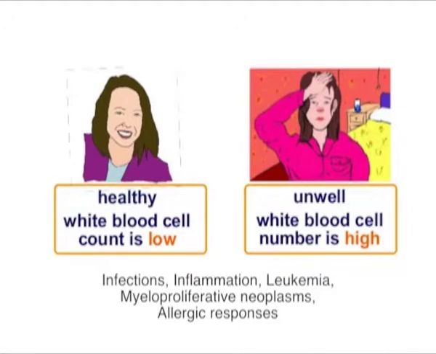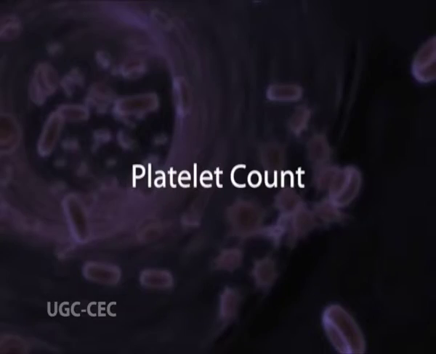A high WBC count may be due to infections, inflammation, leukemia, myeloproliferative neoplasms, allergic responses, etc. A low WBC count may be due to bone marrow damage or disorders, lymphoma, dietary deficiencies and diseases of the immune system. Platelet count. It helps to find out various disorders associated with thrombocytosis and thrombocytopenia.